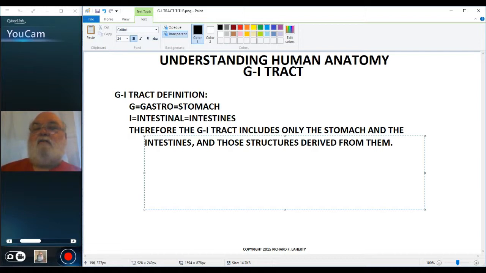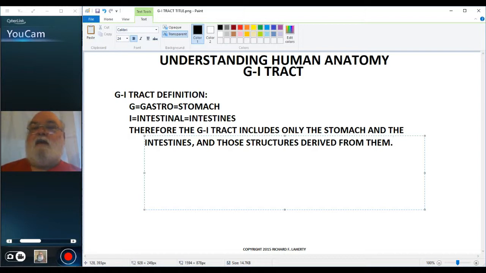We consider the liver and the pancreas to be parts of the GI tract because both structures grow out of the gut, grow out of the intestines.